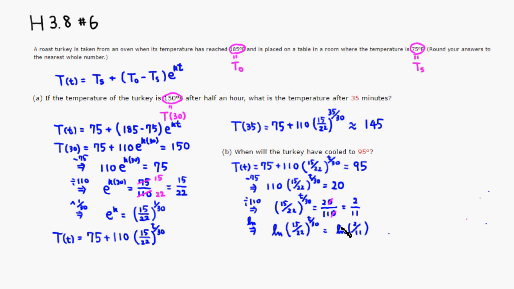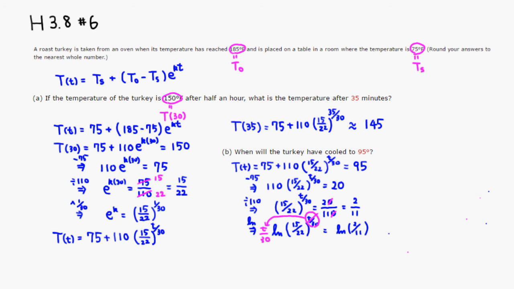Then using the log property, we can place the exponent right in front. I'm going to scratch that out. Then we put the t over 30 there.